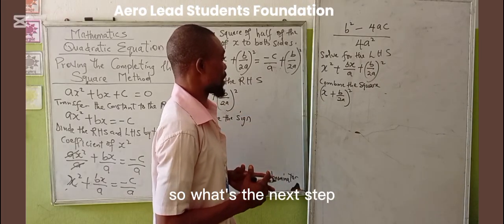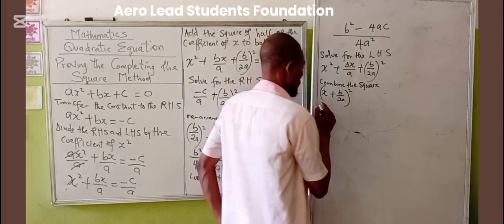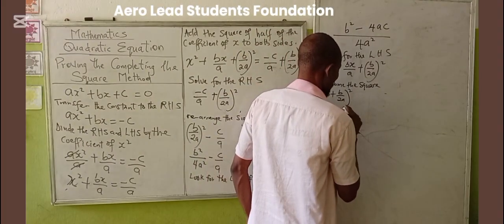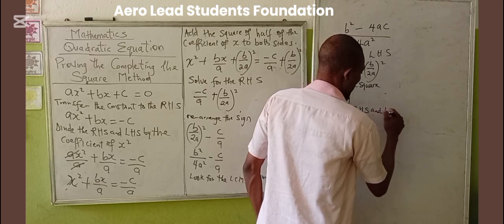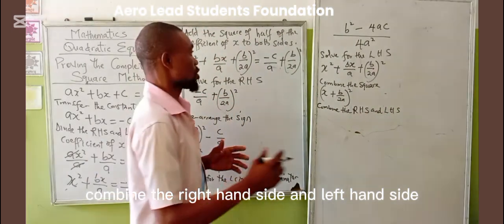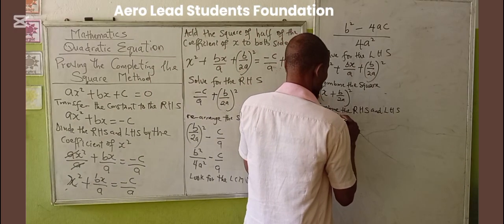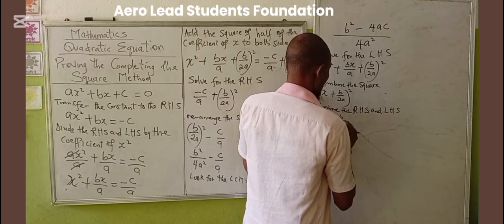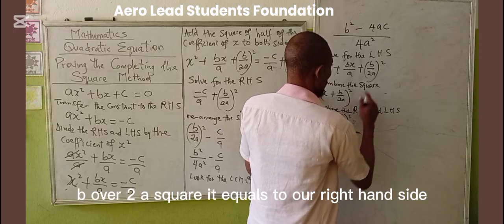So what's the next step now? Combine the right hand side and the left hand side. So this is our left hand side: x plus b over 2a, squared, equals our right hand side.